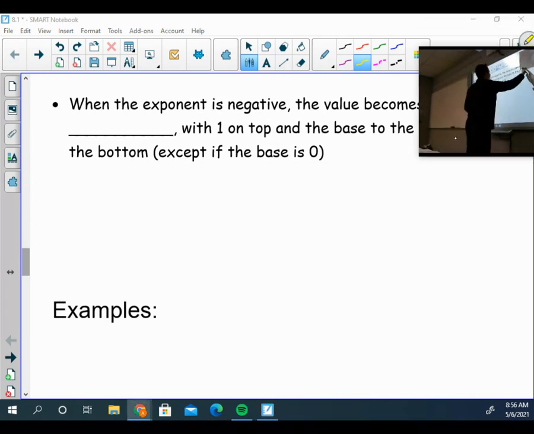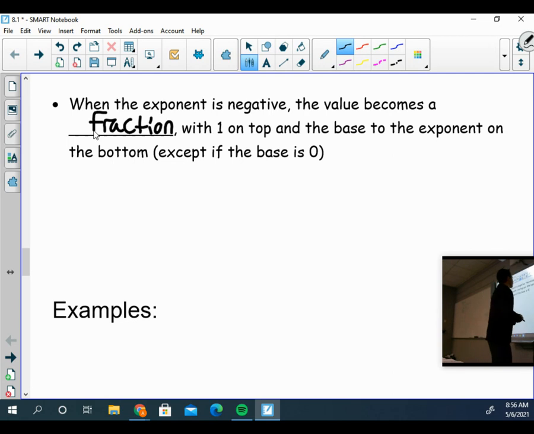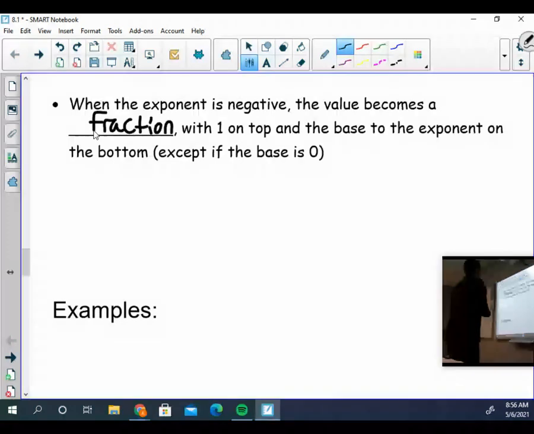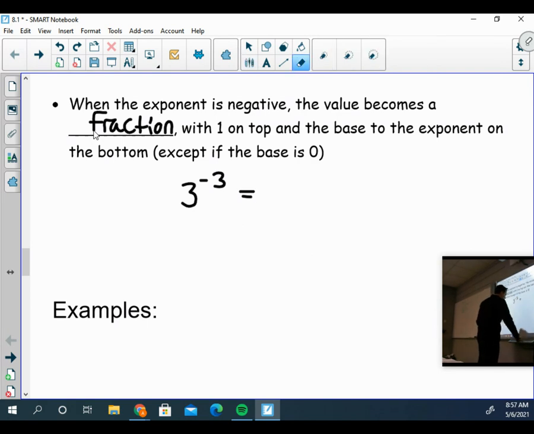When the exponent is negative, the value will become a fraction with 1 on top and the base to the exponent on the bottom, except if the base is 0. A little bit confusing of a definition, but basically what we're saying here is, let's start with an example that we've seen before.